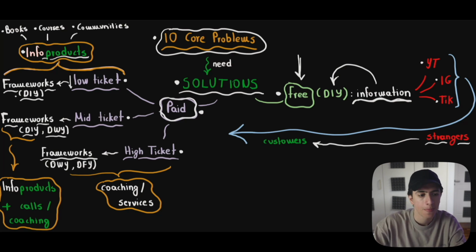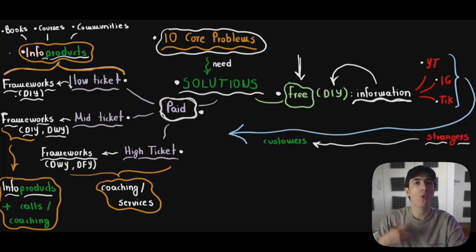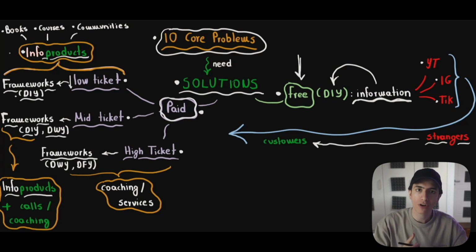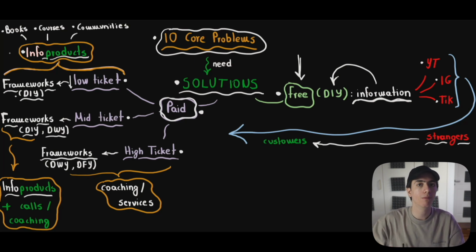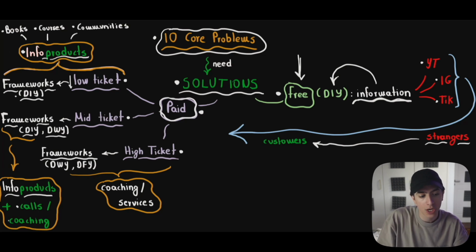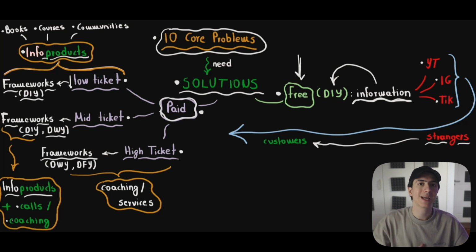For example, in a mid-ticket product you give out the info product that we already have here, but you also offer a call or coaching to help people achieve what they want and solve their problems. And because you are putting your time in the equation, with group or personal coaching, this suddenly becomes a mid-ticket product.